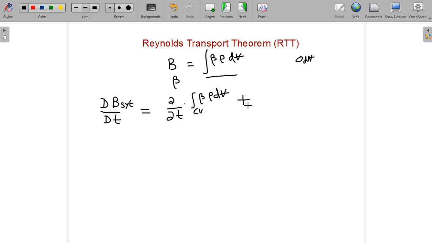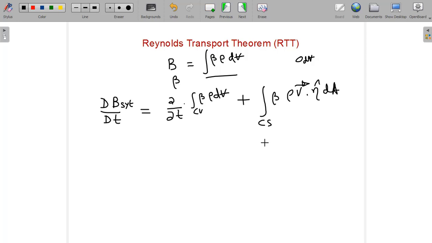And these two are not equal. This is the property change with respect to the control volume, and this is the rate of property change of the system, and these two are related, with the balancing term being the surface integral of the net property flux going out of that control volume. That is beta into rho V dot n-hat dA.